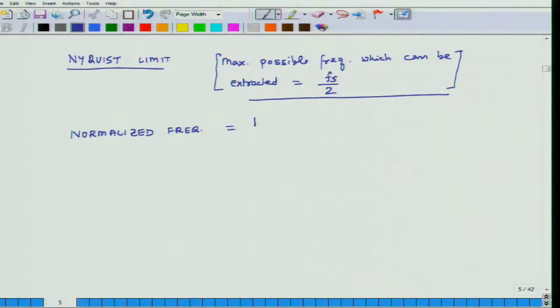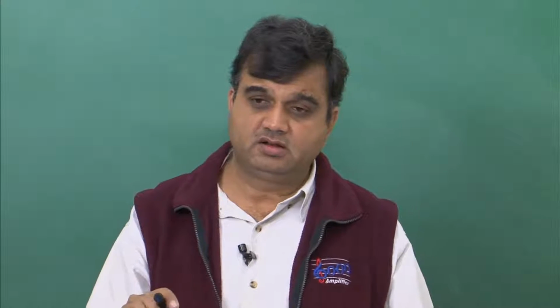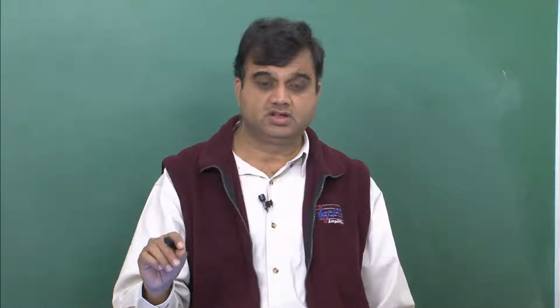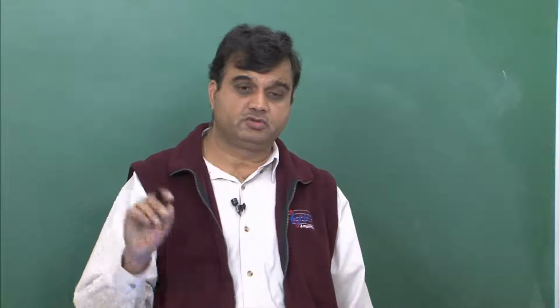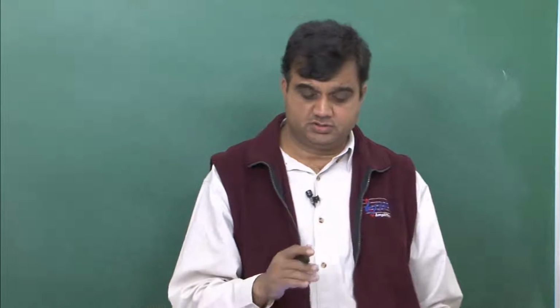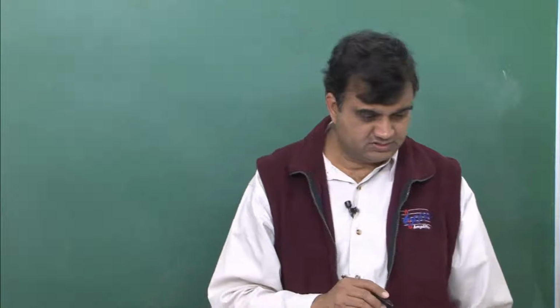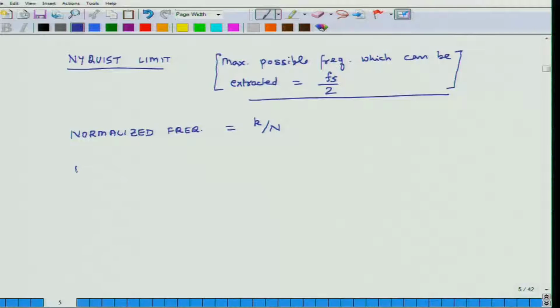You can calculate it as k over N hertz. So, if k is 0, normalized frequency is 0. If k is 1 and capital N was in this case 24, then normalized frequency will be 1 over 24.